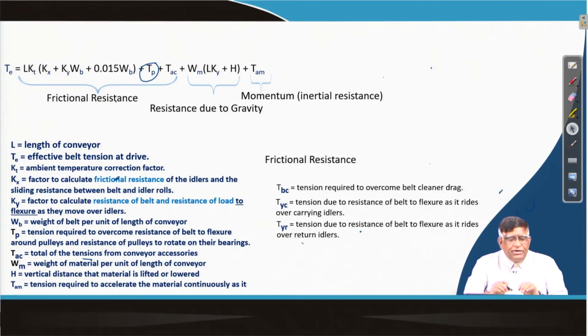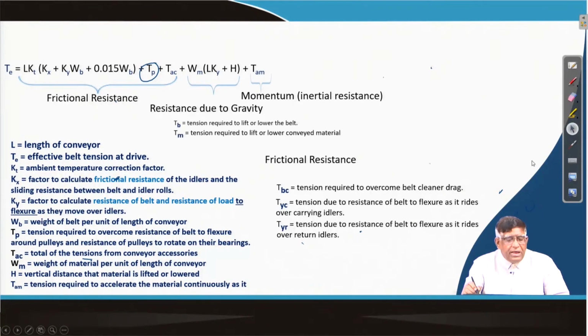The frictional resistances include the tension required to overcome the belt cleaner drag, because the belt cleaner also gives a drag. Then the tension due to the resistance of the belt to flexure on the carrying idlers is separate, and on the return idlers is separate. All these intricate resistances are taken into consideration when you go to real-life design of a system.